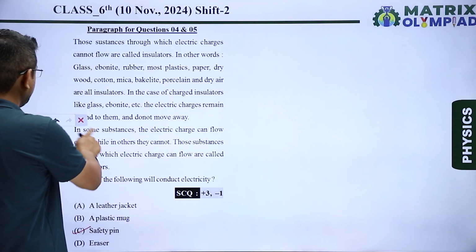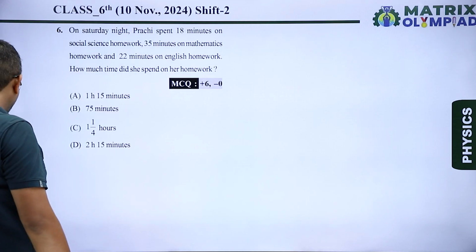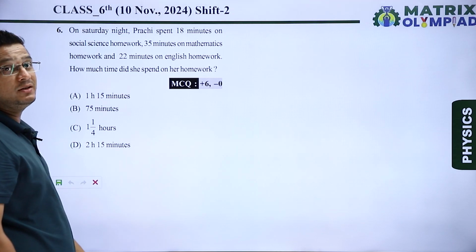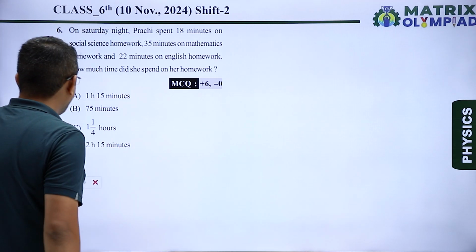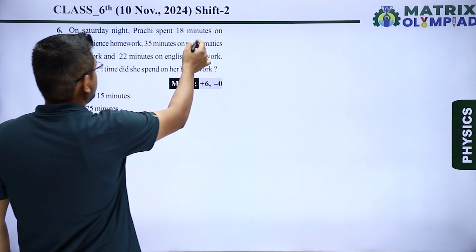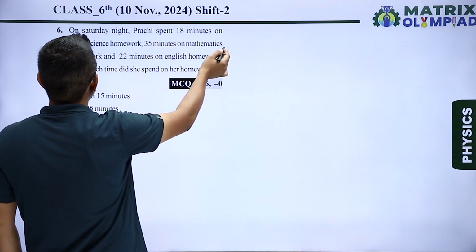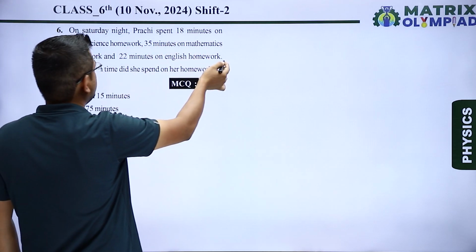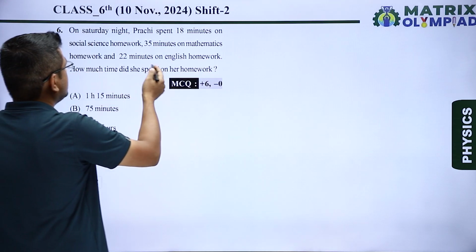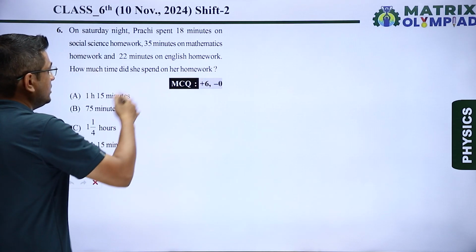Next question. Questions number 6 and 7 may have more than one correct answer, so we have to check that. On Saturday night, Prachi spent 18 minutes on social science homework, 35 minutes on mathematics homework and 22 minutes on English homework. How much time did she spend on her homework?